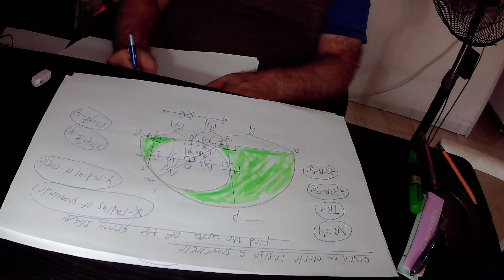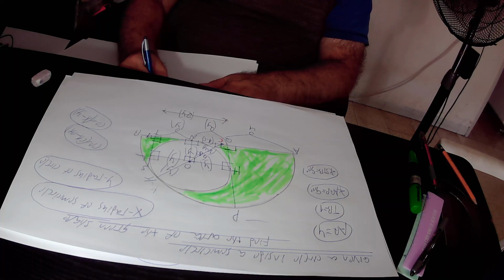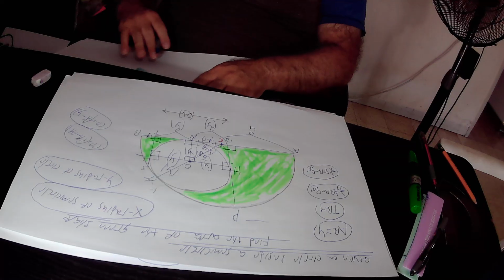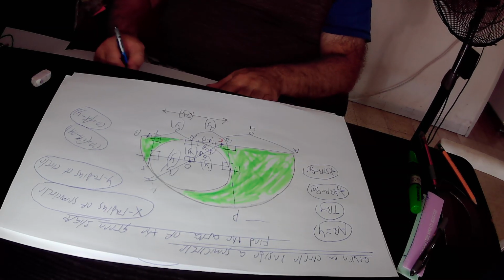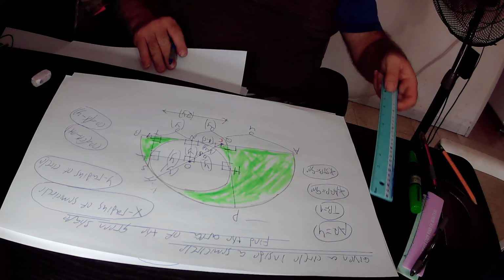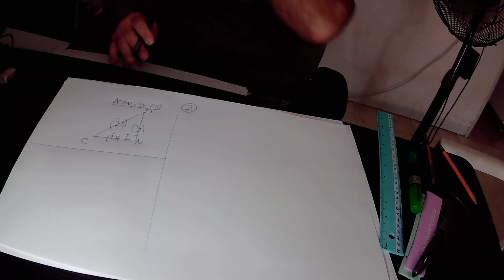Here is the relation for the Pythagoras theorem. So clearly this is the right triangle CON.